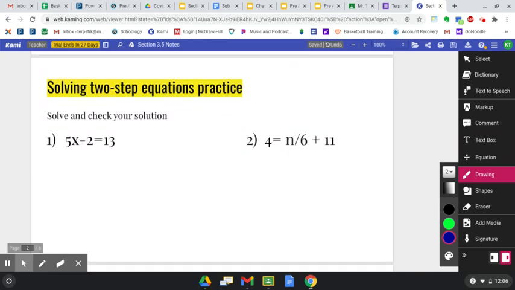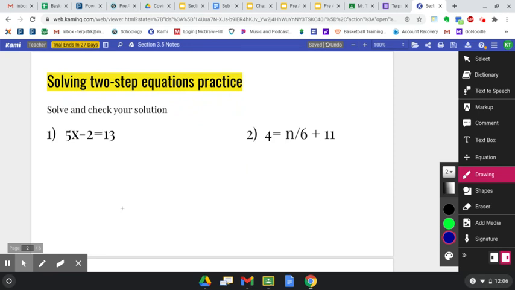All right, so let's look at some examples, right? First off, if I look at number 1, I'm reading that 5x minus 2 equals 13. Right? If we were to describe this problem, we would say 5 times a number, and we'll just call that x. So 5 times x minus 2 equals 13, right?